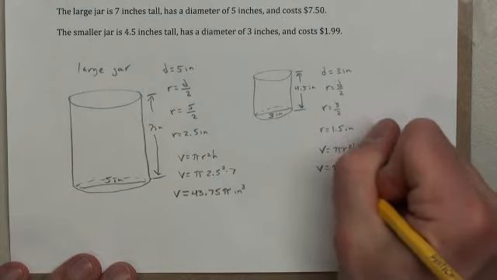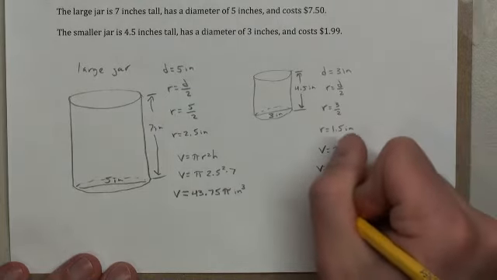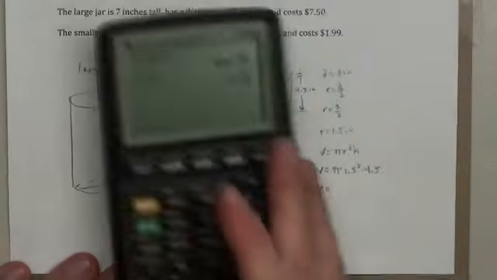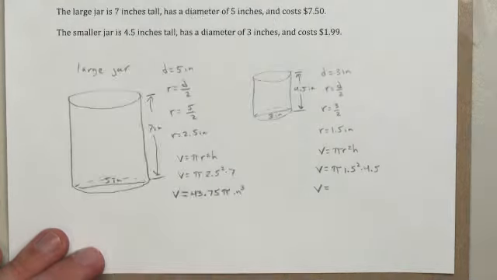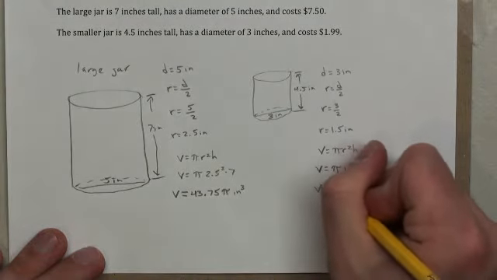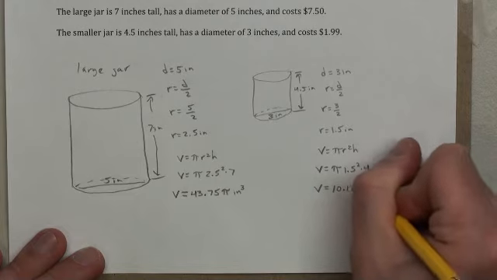Volume equals pi times 1.5 squared times 4.5. So the volume is, and I'm going to leave pi in the problem, 1.5 squared times 4.5, 10.125 pi.